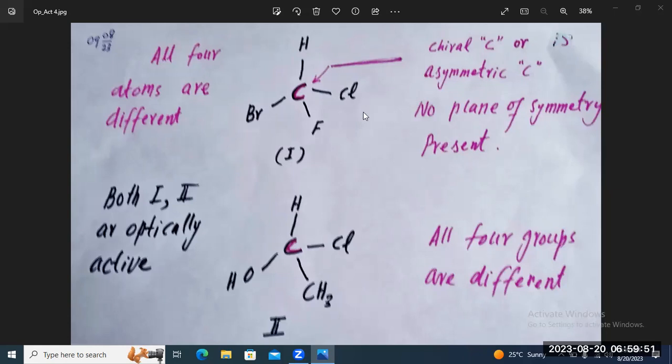There is no plane of symmetry. Similarly, come here in the second example, you can see the carbon is asymmetric or chiral carbon attached to different atoms and groups. So all 4 groups or atoms are different. So structures 1 and 2, they are both optically active.